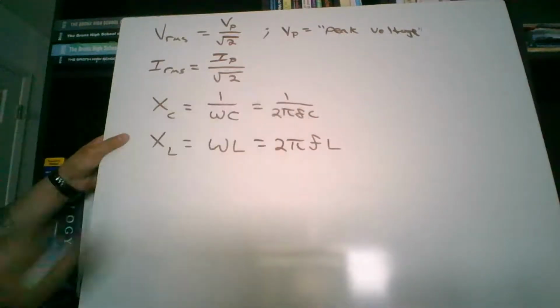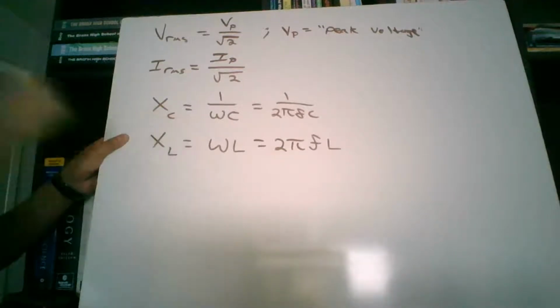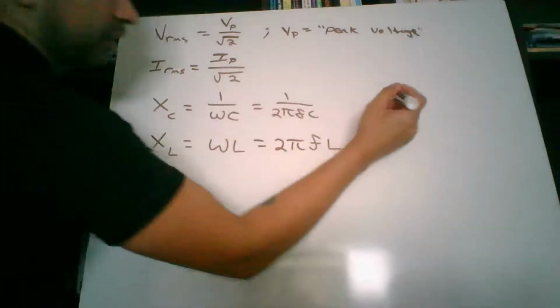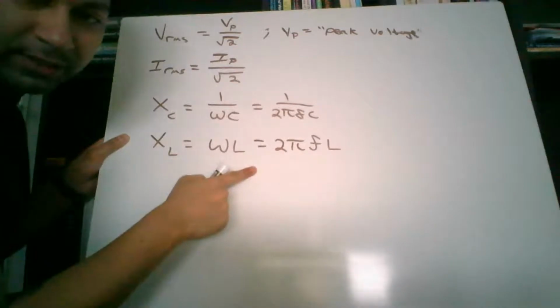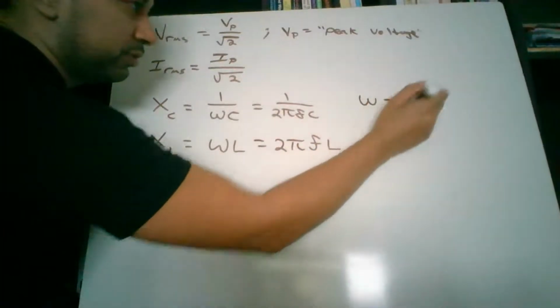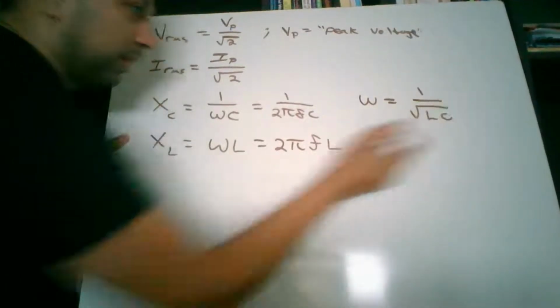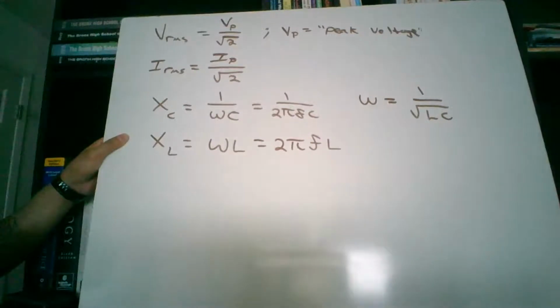This and C are going to be inversely proportional, or omega and C. And what is omega? In this scenario, we define omega as the natural frequency. Omega is equal to 1 over the square root of L times C, the natural frequency.